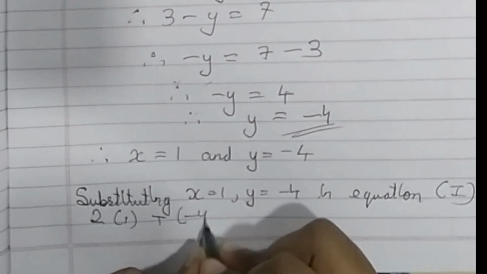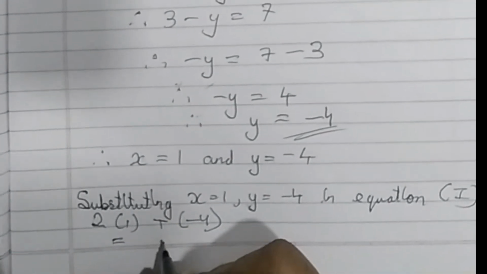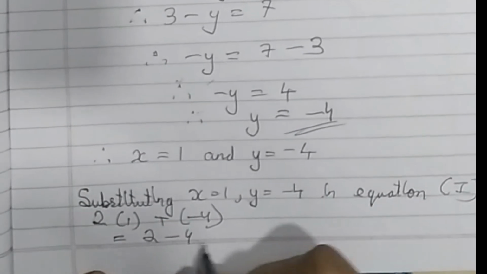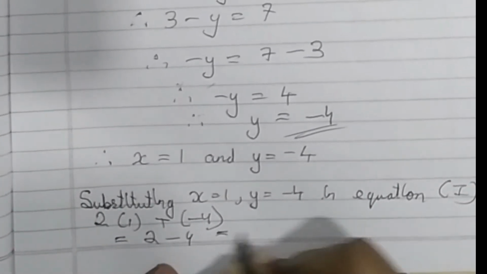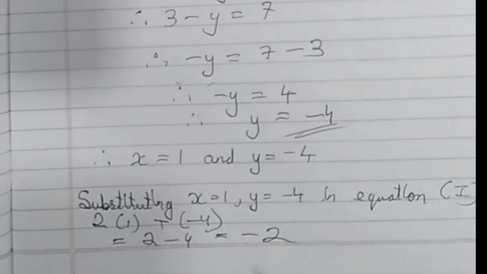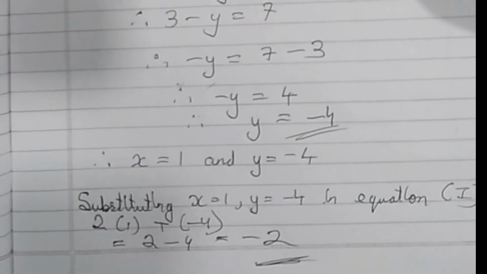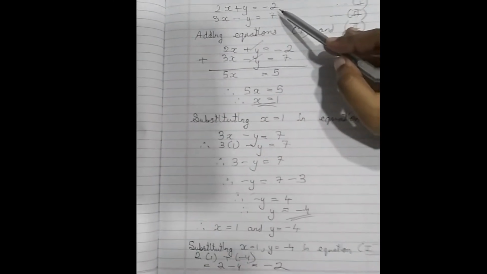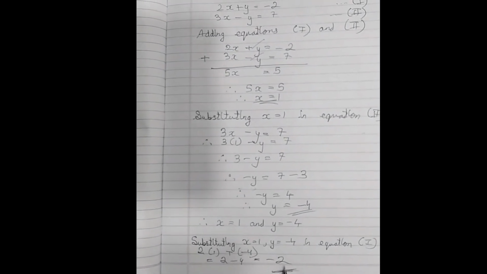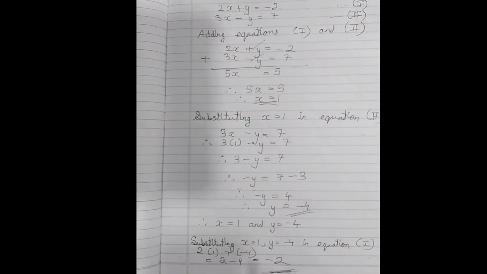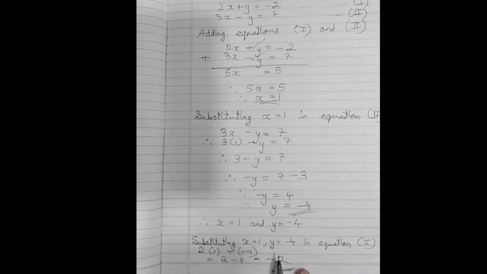Minus 4. 2 minus 4, which is equal to minus 2. So it is equal to the RHS. We got minus 2, which is equal to the RHS of equation 1, so it is satisfying equation 1. This step is just for verification, for checking whether you have done it correctly or not. Therefore x equal to 1, y equal to minus 4 is the solution of these equations.